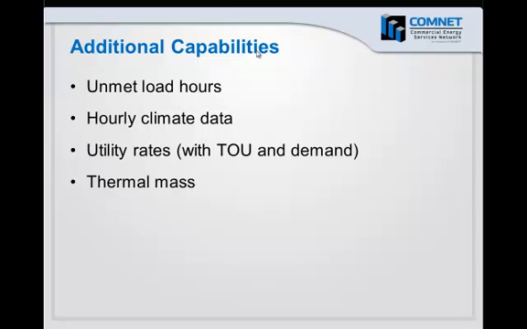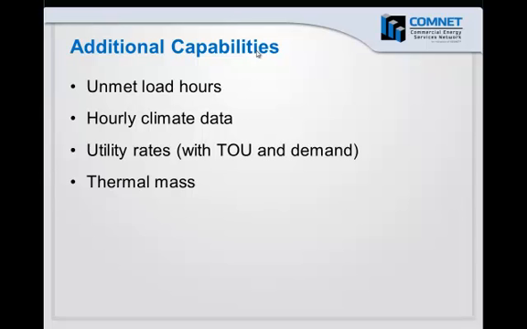Unmet, as we discussed 2 seminars ago, unmet load hours are the way that the performance rating method and COMNET keep track of system undersizing. It needs to accommodate hourly climate data, utility rates, including time of use features and demand.